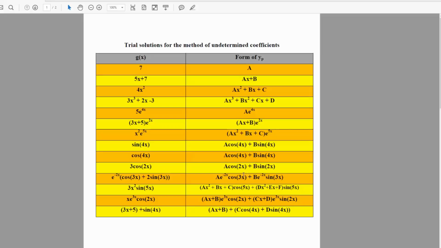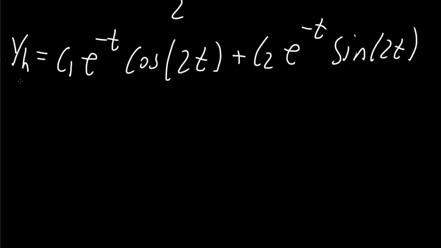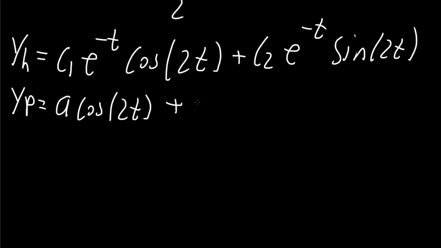So our particular solution will be a cosine 2t plus b sine 2t. So we simply say yp is equal to a cosine 2t plus b sine 2t.